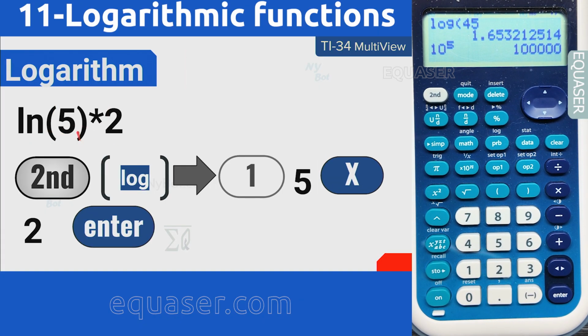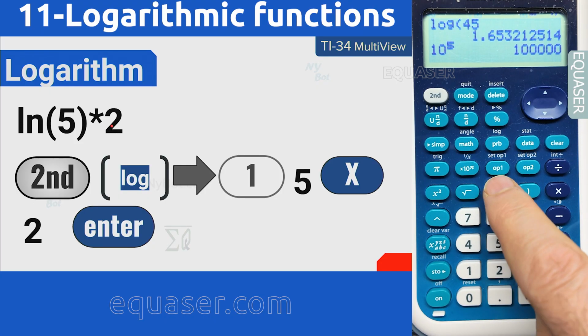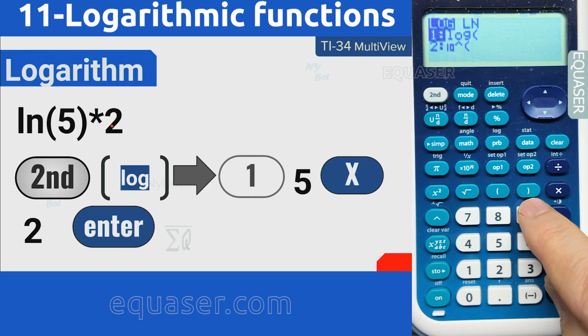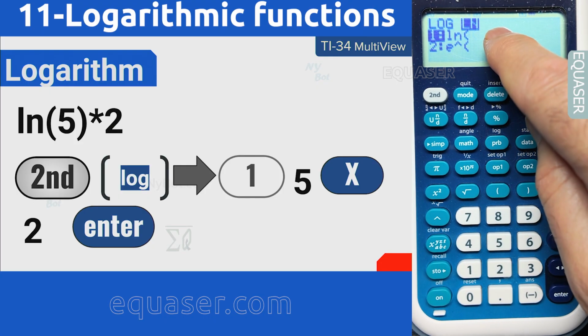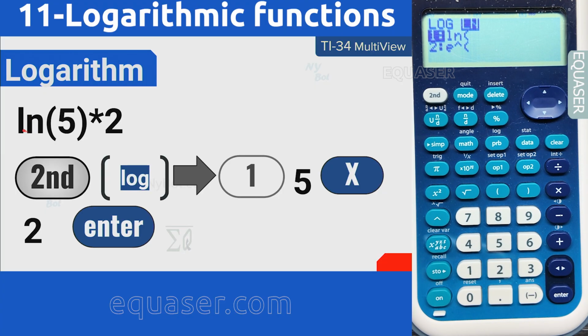If you want to do ln of 5 times 2, second function, go to the right, that's ln. ln is natural logarithm, or in French, a logarithm natural.